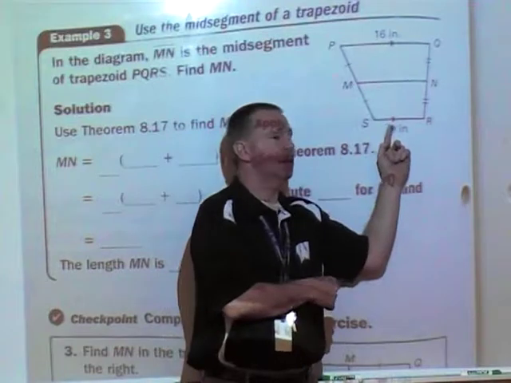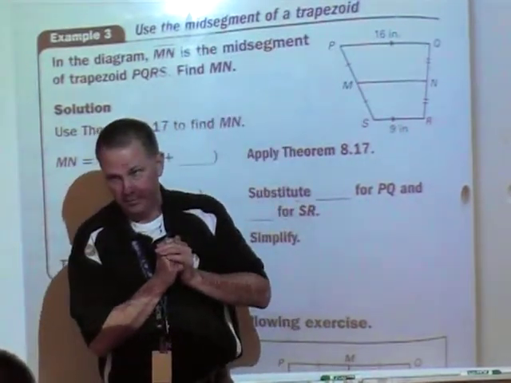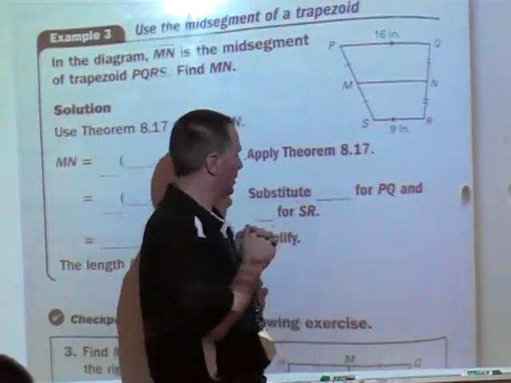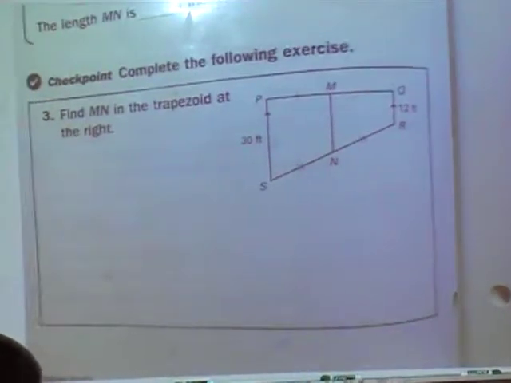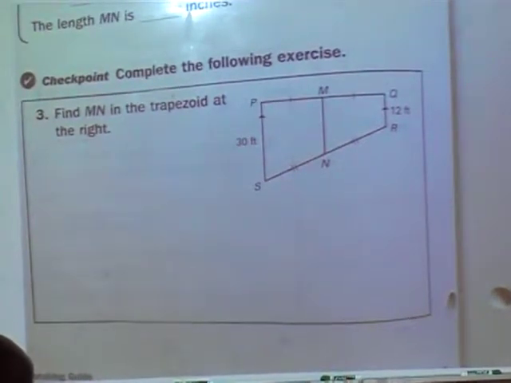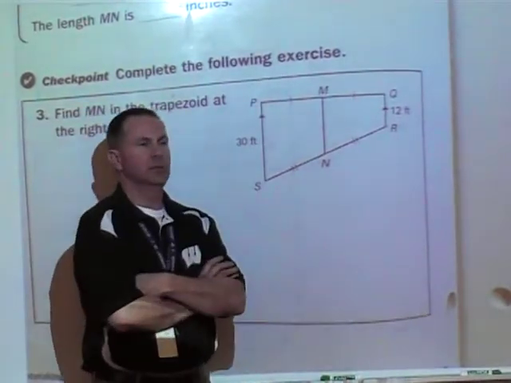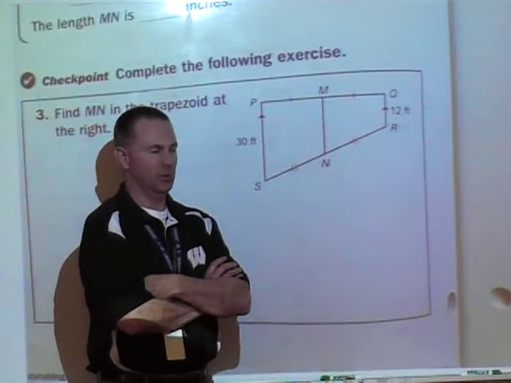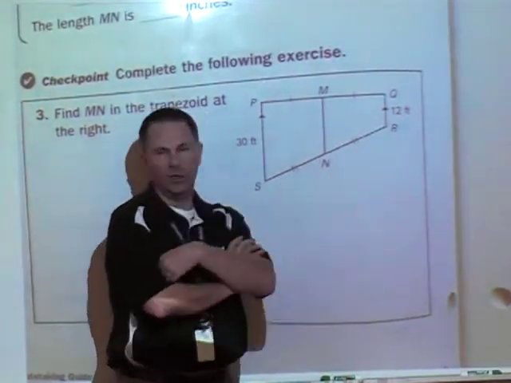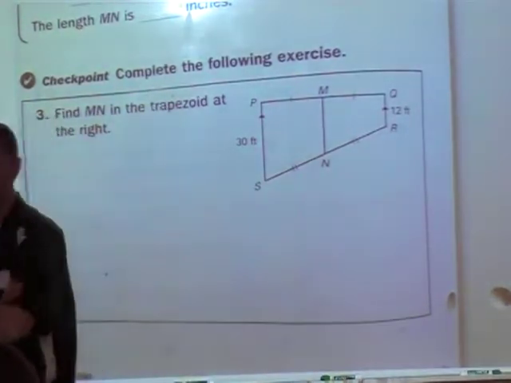Yeah, 16 plus 9 is 25. 25 divided by 2 is 12 and a half. Good. Alright. Somebody else tell me the answer to that one. What is the length of that midsegment? 21. 30 plus 12 is 42. Divided by 2 is 21 feet. Good job.